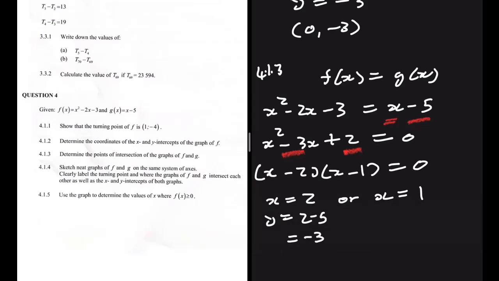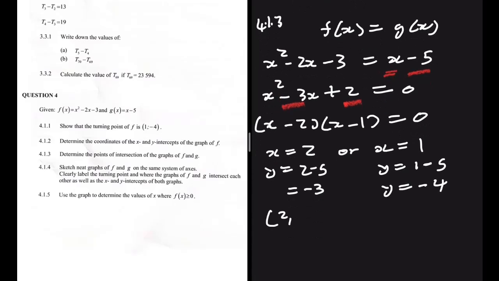When x equals 1, y is 1 minus 5, so y is minus 4. These are the points of intersection.